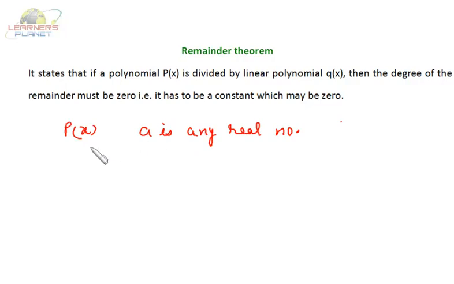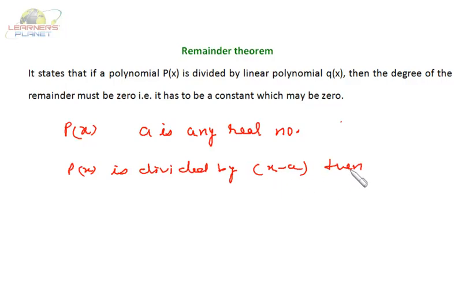Then if p(x) is divided by x minus a, the remainder is p(a). If a polynomial p(x) is divided by x minus a, then the remainder is p(a).